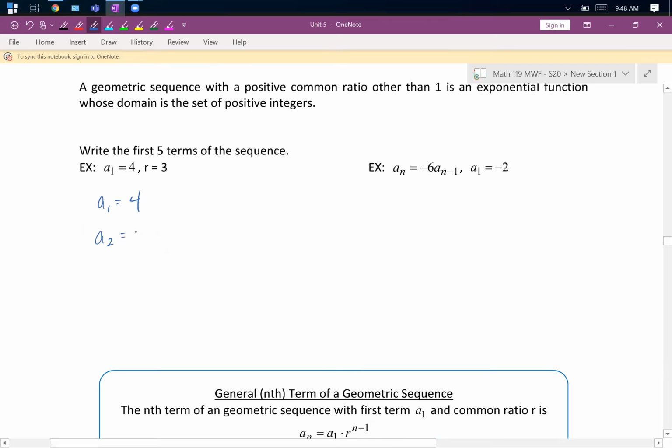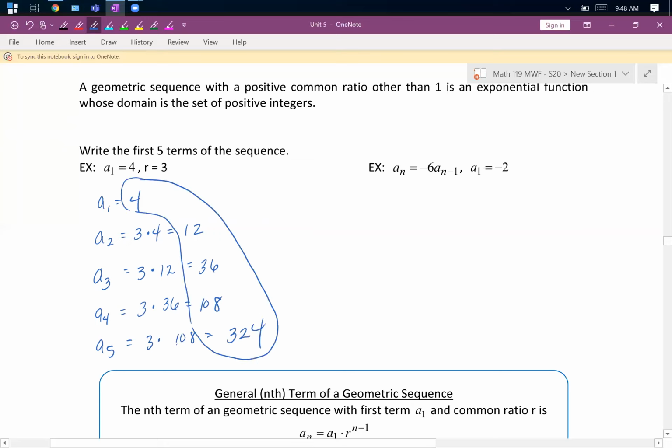So a sub 2 is going to be 3 times 4, which is 12, and then a sub 3 is going to be 3 times 12, which is 36, a sub 4 is 108, and a sub 5 is 324. So here are the first 5 terms of our geometric sequence.